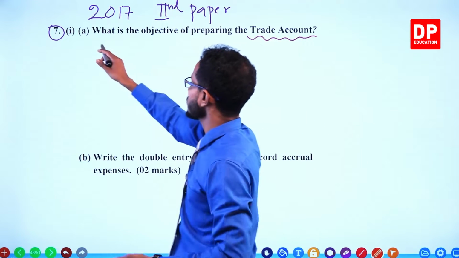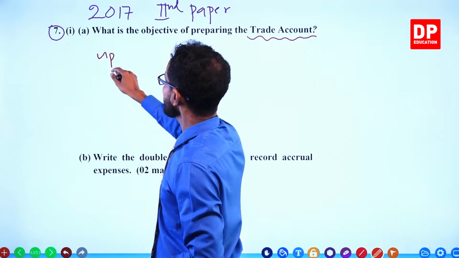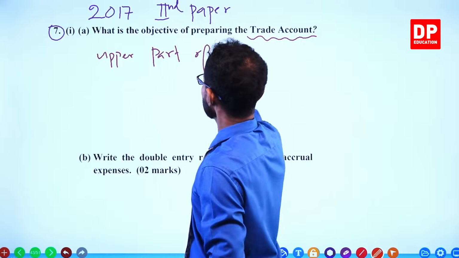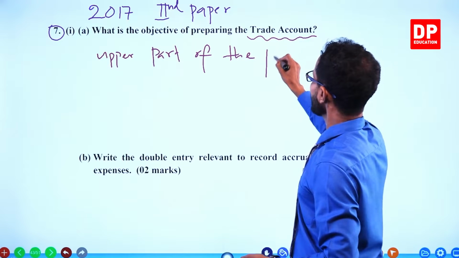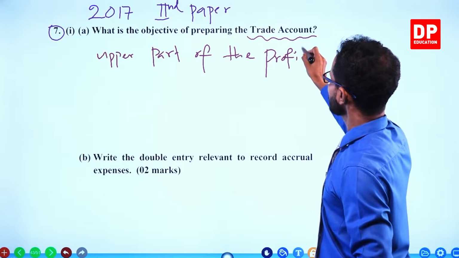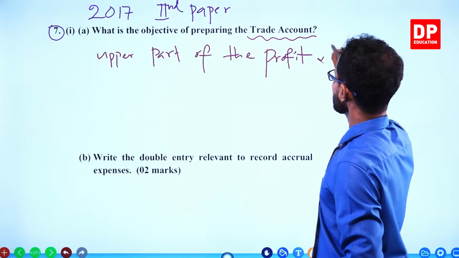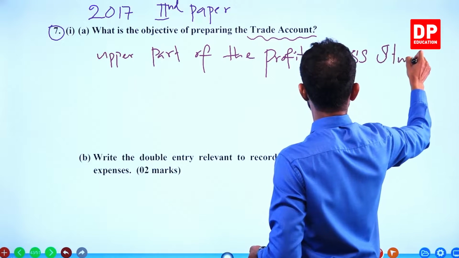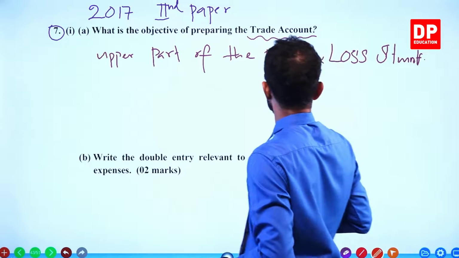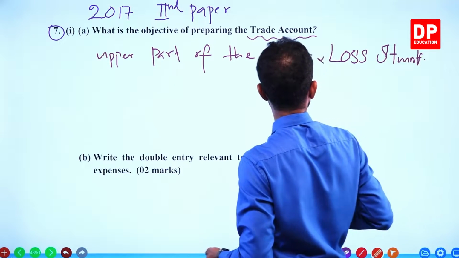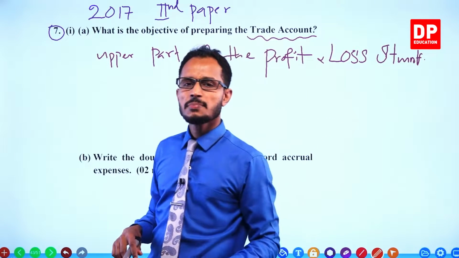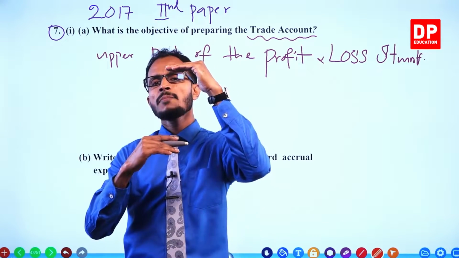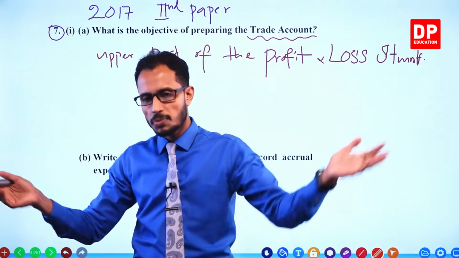Yeah, that's right. Trade account is the upper part of the profit or loss statement. The upper part where the gross profit is calculated.